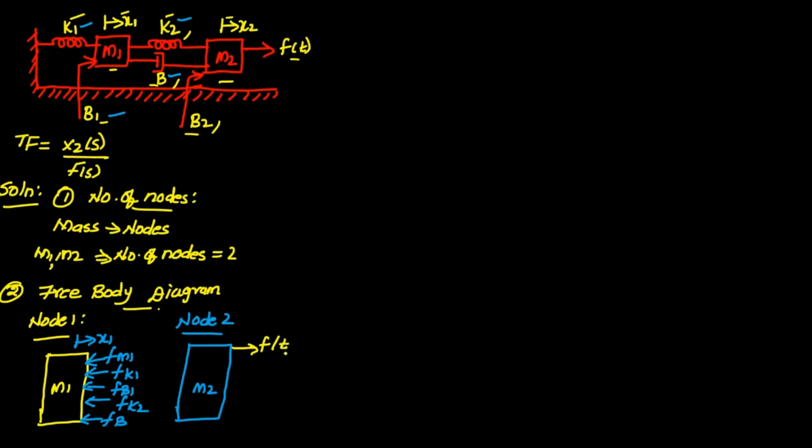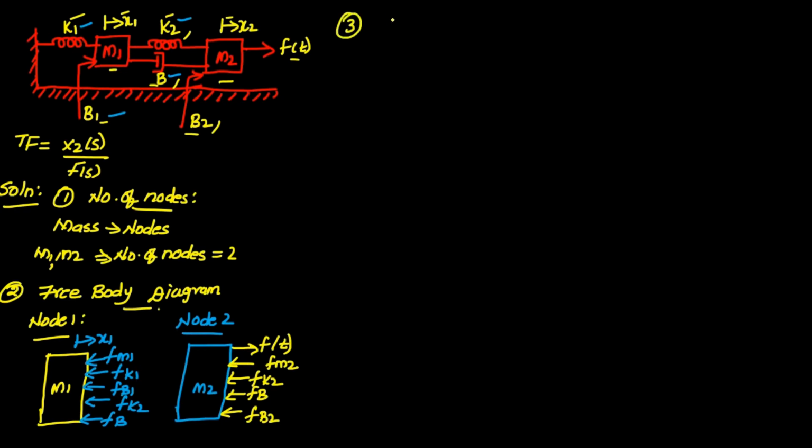Force f of t is towards the right side direction, and all the other opposing forces are represented with an arrow mark heading towards the left side. That is, the opposing forces are Fm2, Fk2, Fb as well as Fb2. Okay. So with this, step 2 is over.